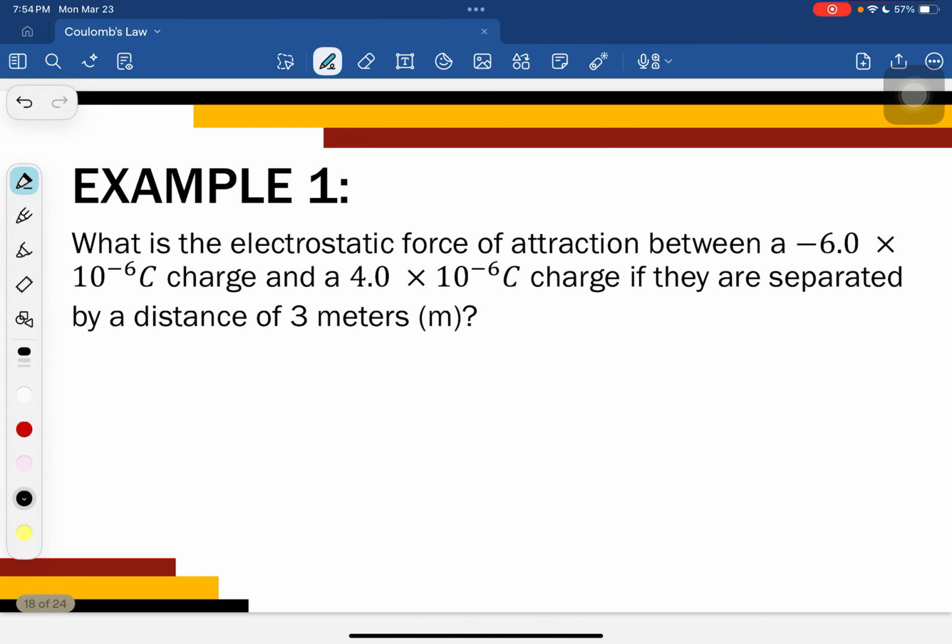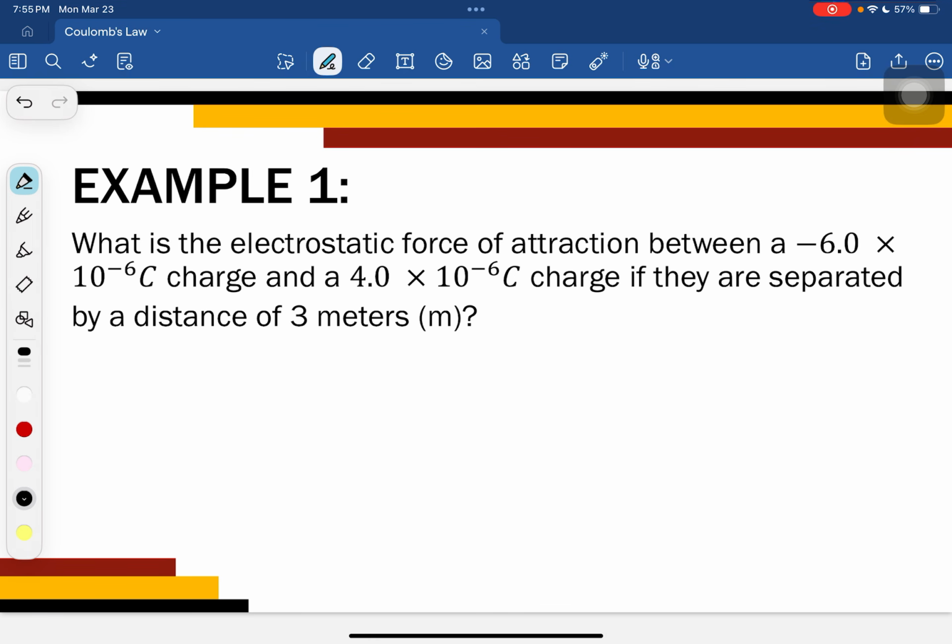For the first example, what is the electrostatic force of attraction between a negative 6 microcoulomb charge and a 4 microcoulomb charge if they are separated by a distance of 3 meters?